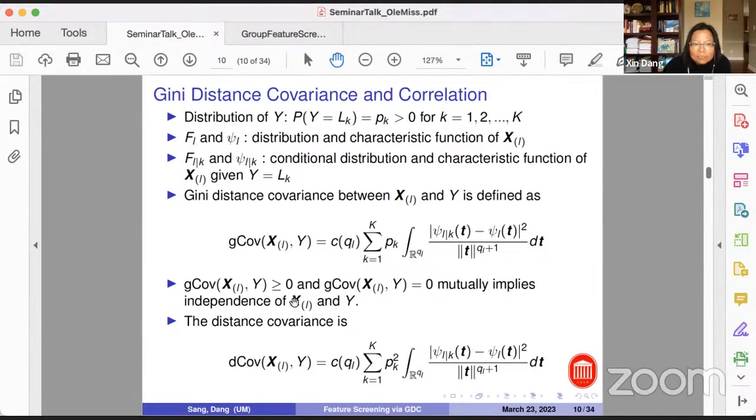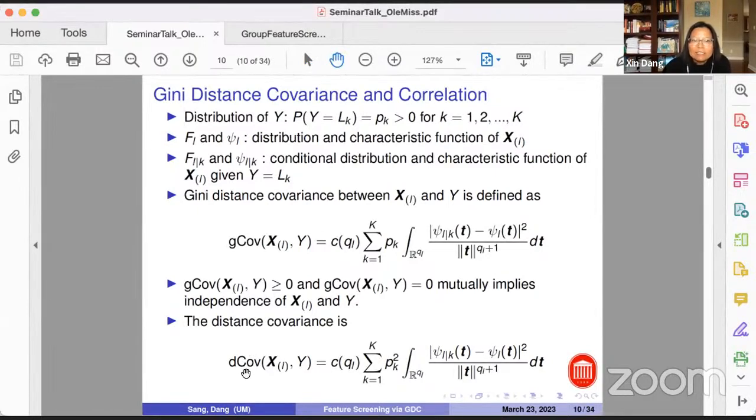The popular distance covariance usually deals with two numerical variables, X_l and Y, and it was proposed in 2007 and became very popular. In our previous paper, we extended Y to be categorical.